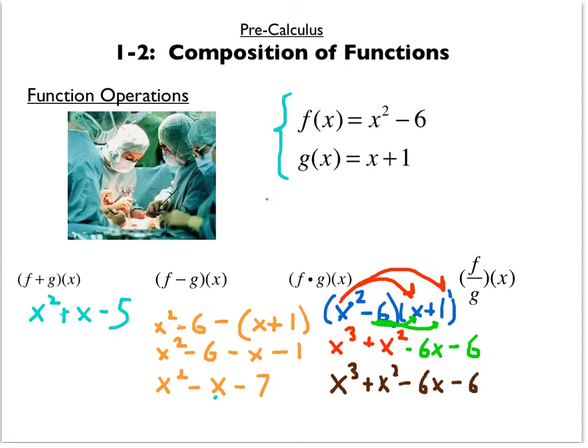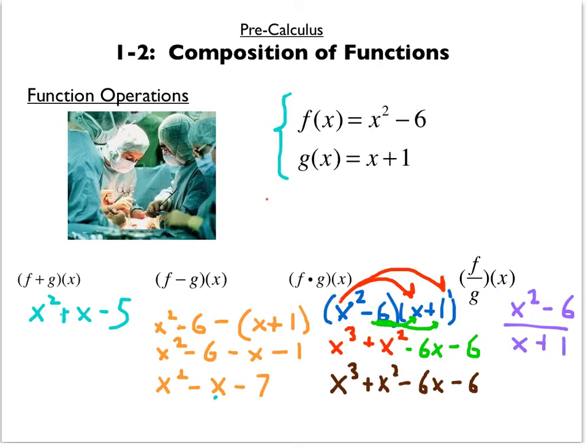Nothing I can really do there. And last but not least is the division part. This one, not too much you can do. All I have to do is write it division-wise, x squared minus 6 over x plus 1. That's the best I can do there.